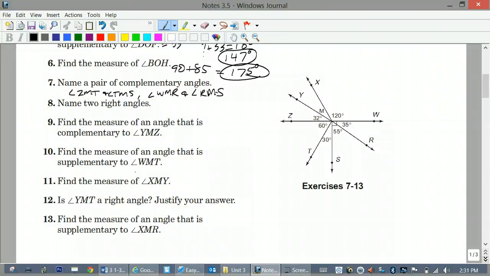Name two right angles. Angle WMS and ZMS. Yep. Find the measure of an angle that is complementary to YMZ. YMZ is 32. So what plus 32 is 90? 58 degrees. 90 minus 32, 58. Find the measure of an angle that is supplementary to WMT.